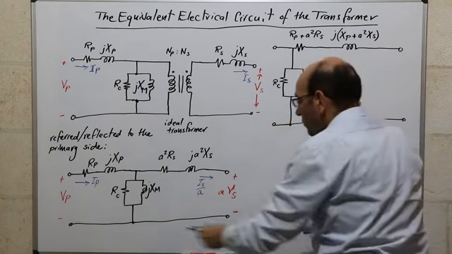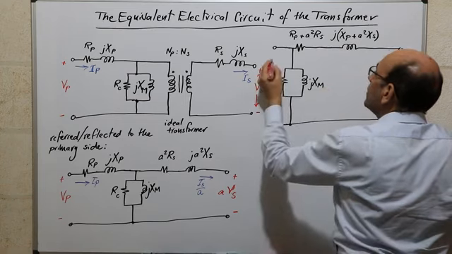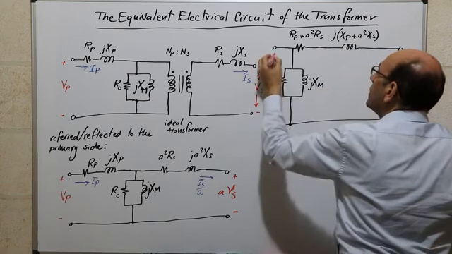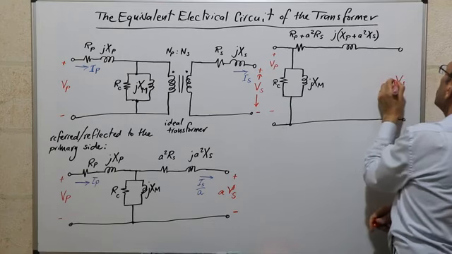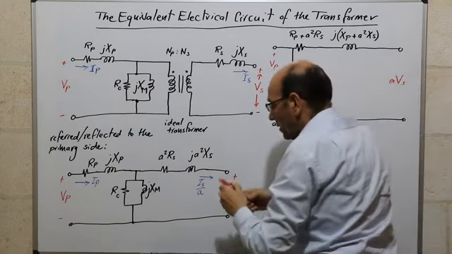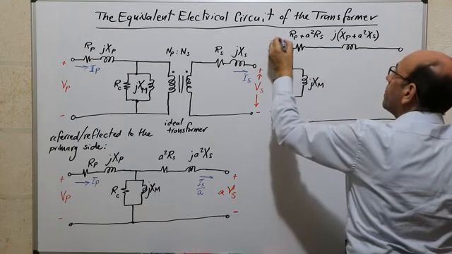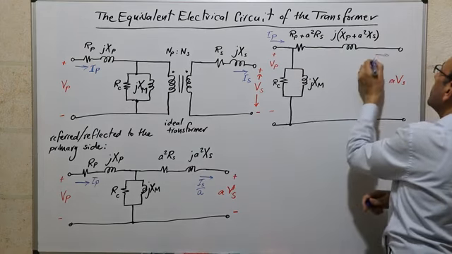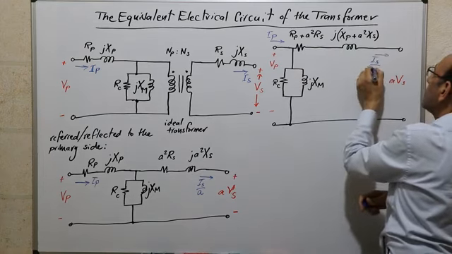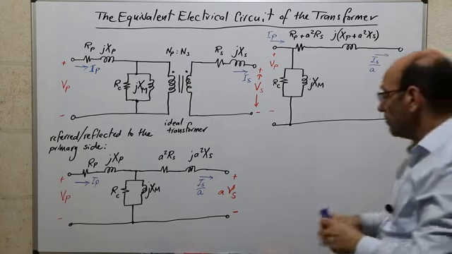And then we add all of the other pieces in there. So VP is still here, and AVS is still here. And then we take IP, I subscript primary, and I subscript secondary divided by A. So that's one stage of simplification.